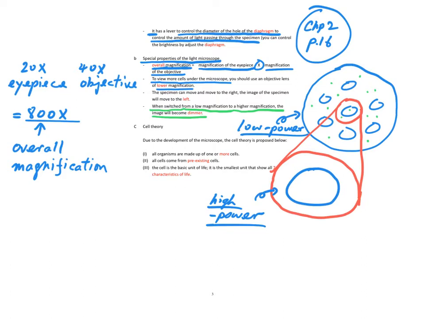You can only see here 1 and 2 light rays. You can think of that as 2 light rays passing through the field of view of high power magnification. Therefore, the image is dimmer.